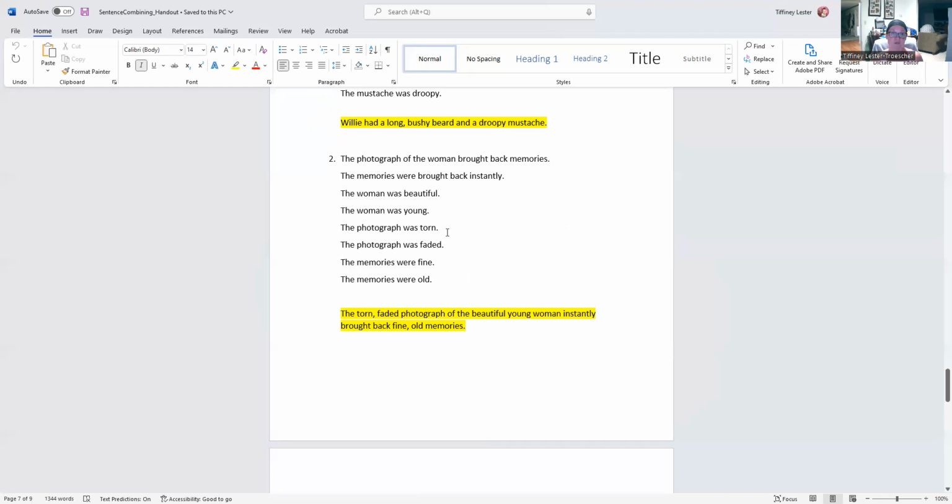So the torn, faded photograph of the beautiful young woman instantly brought back fine old memories. We got all of that into this sentence right there. And it's so much nicer to read it this way.